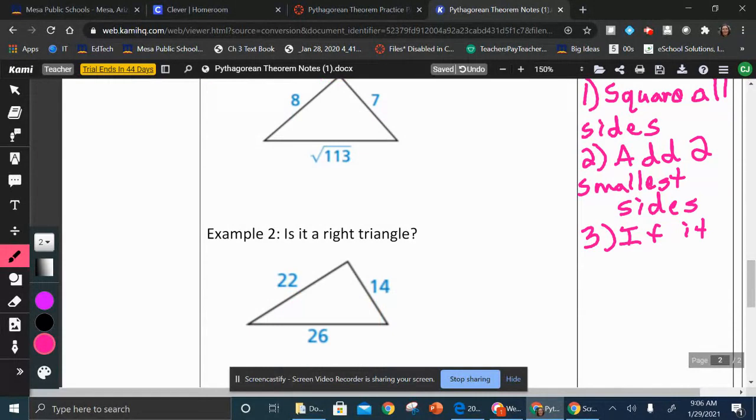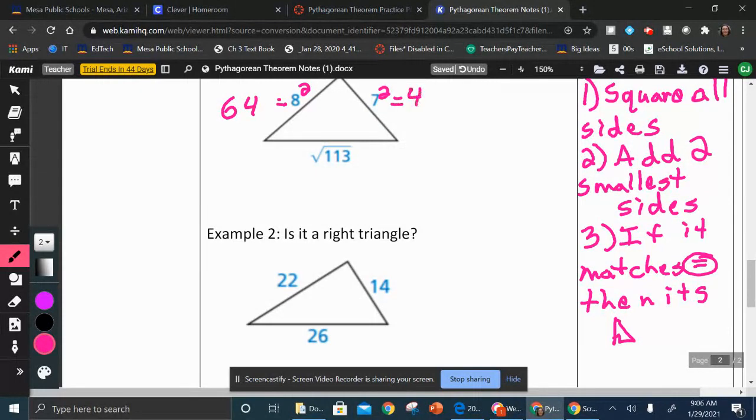If it matches, if they're equal, then it's a right triangle. Okay, so let's do an example for this, everybody. So 8 squared is 64, 7 squared is 49.